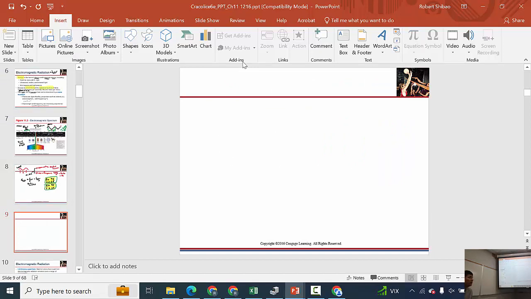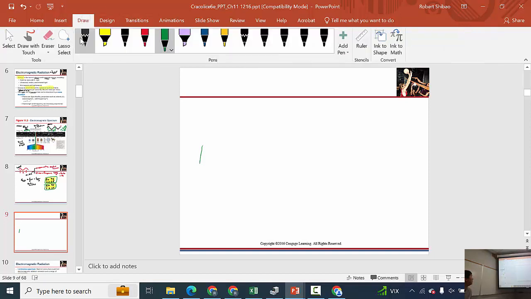What's the highest energy light? Gamma rays. So we're going to put that at the top in terms of the energy of the light. Gamma has this symbol. This is the symbol for gamma.